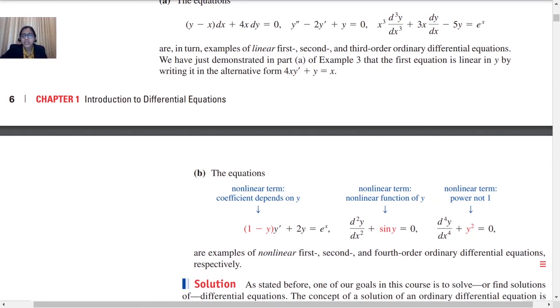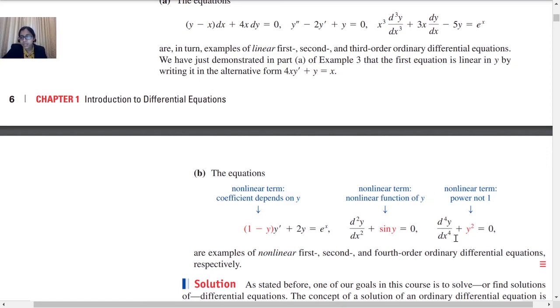If you have d square y by dx square plus sin y is equal to 0, here the highest derivative has power 1. But that does not mean that this is linear, because we have the expression sin y. So if we have any trigonometric functions or exponential functions present in the equation, that is not linear.